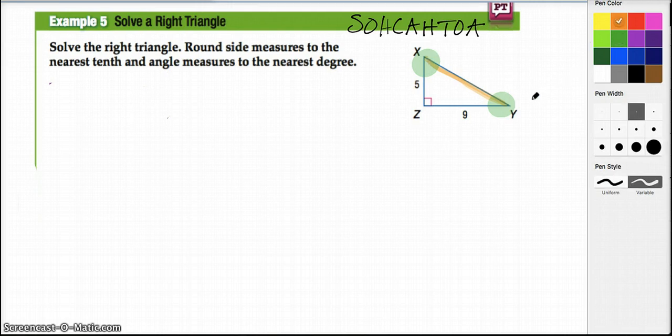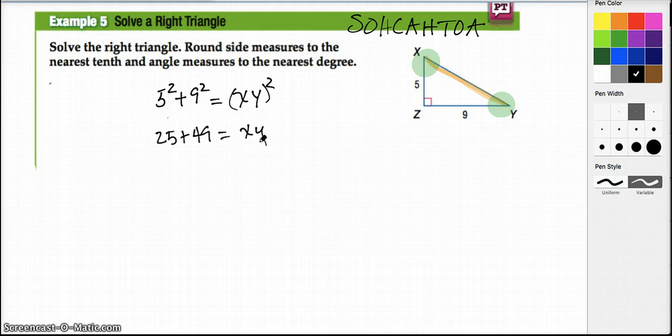One thing we could do here is the Pythagorean theorem, which is totally legit. So let's do that. 5 squared plus 9 squared equals xy squared, right? If we do our math, we get that the hypotenuse squared is equal to 74.